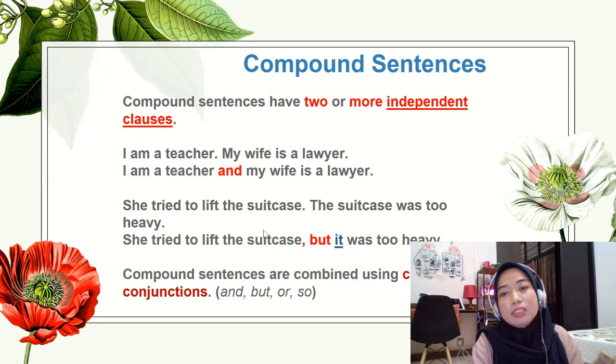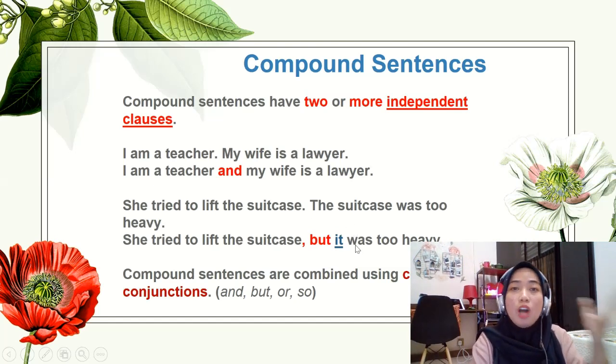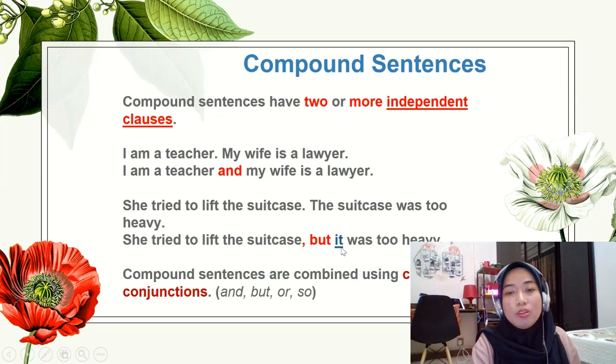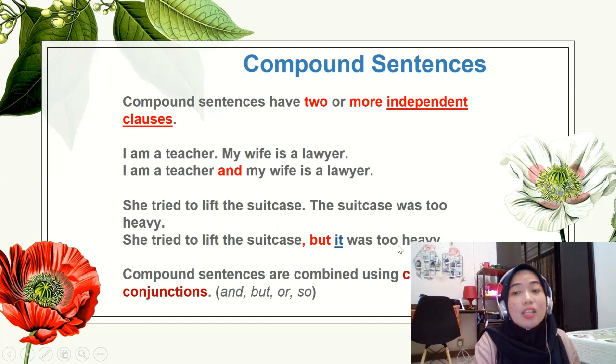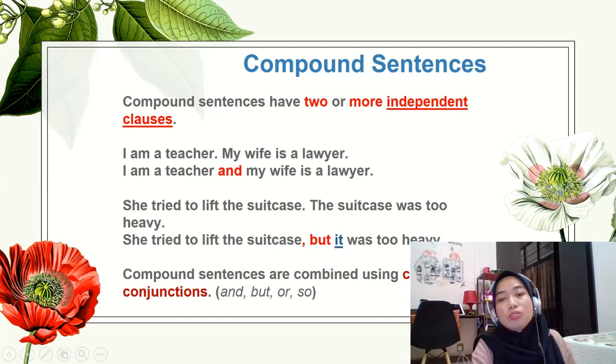Another independent clause is "the suitcase was too heavy." So try to add a coordinating conjunction here. But you also want to not make people confused with it, so you add the pronoun "it" here. So "it" here is referring to the suitcase. So, "She tried to lift the suitcase, but it was too heavy."